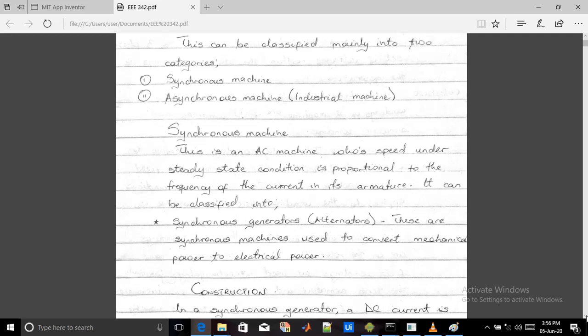So now the difference between a generator and a motor, we all know that the generator converts mechanical to electrical and the motor converts electrical to mechanical. So now we are considering a generator here. They convert mechanical power to electrical power.